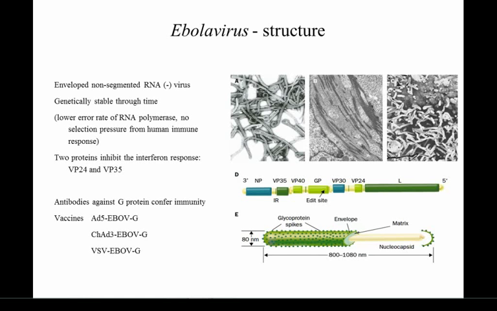So influenza virus, we just saw, changes genetically over time. This virus is always circulating in the human population. So as I said, it's an evolutionary competition between the host and the virus, and the virus survives by mutating. But Ebola virus doesn't do that because it's not a real human pathogen.